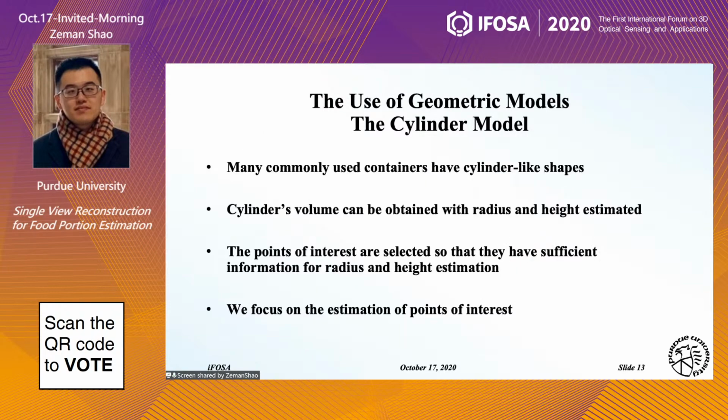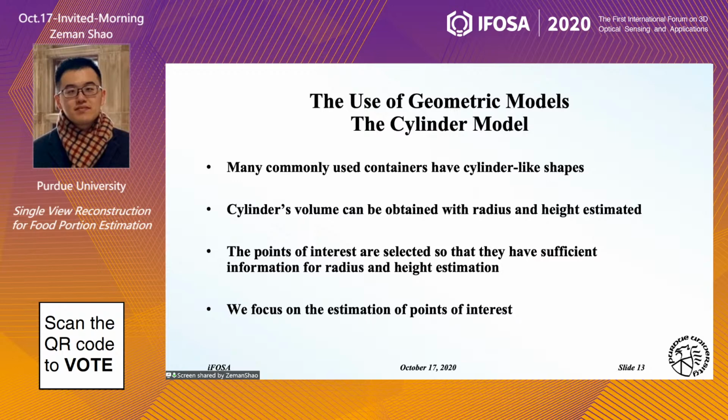In this work, we highlight the cylinder model, because many foods are served in containers, and the most commonly used containers that have significant 3D structure either have cylinder-like shapes or can be approximated as cylinders. The cylinder's volume can be obtained if the radius and height are known.